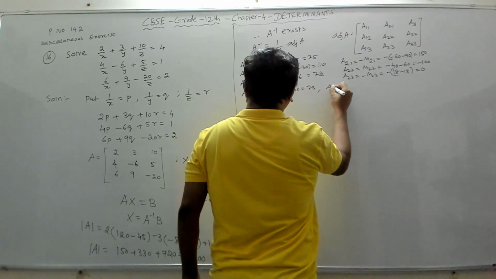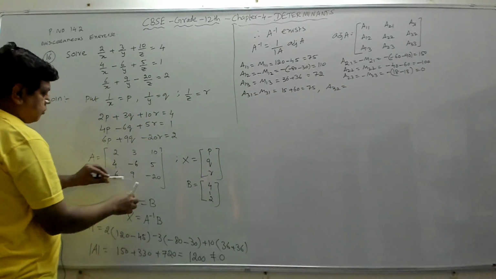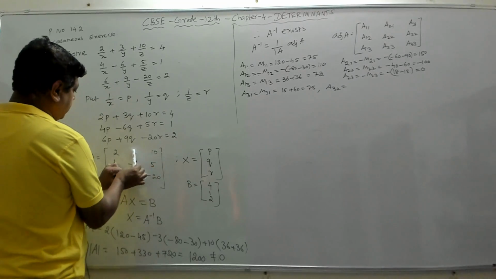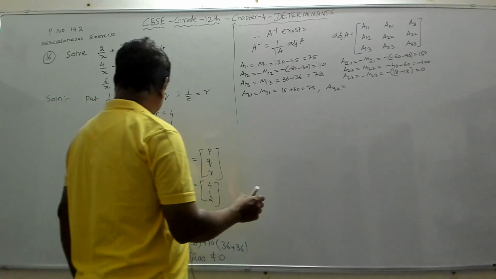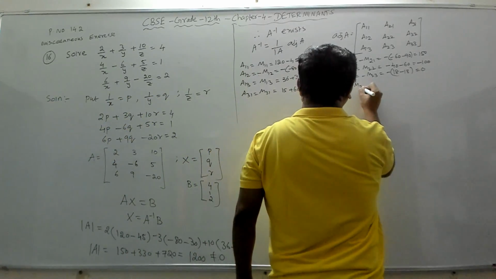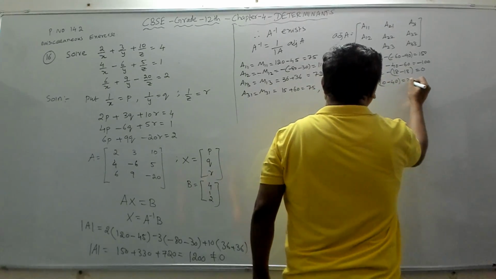Now A32 is this. So this particular row, this particular column. 10 minus 4 into 10, so 10 minus 40. This is minus M32. 10 minus 40 will give you plus 30.